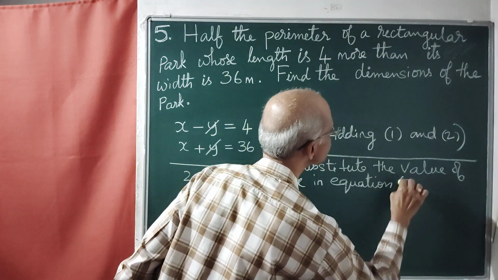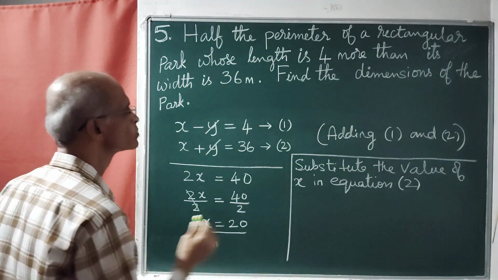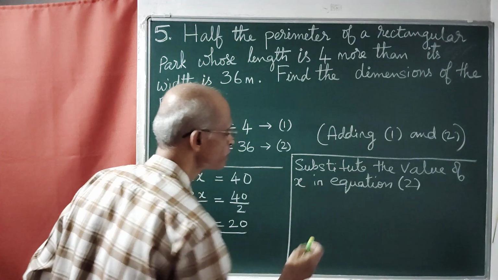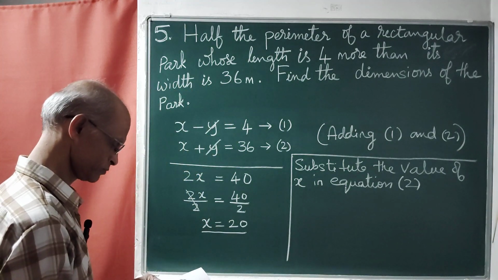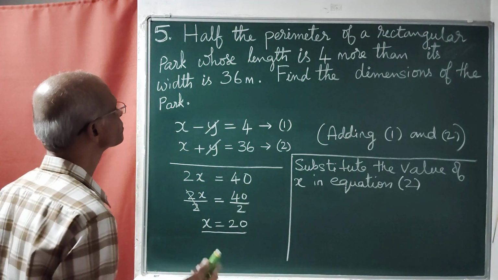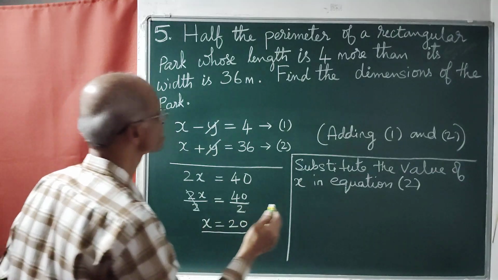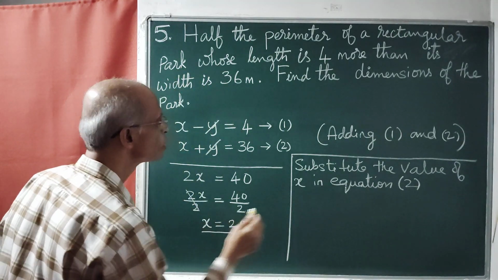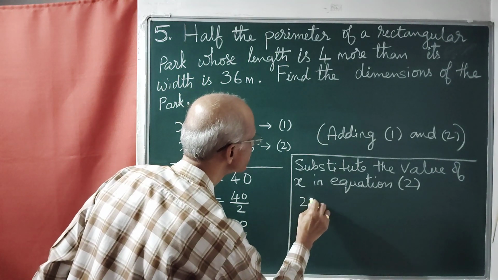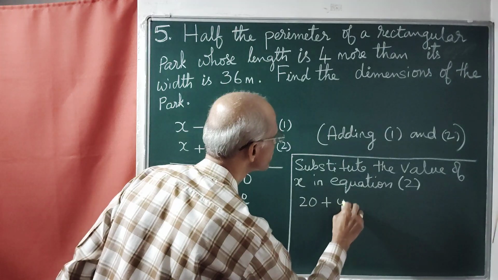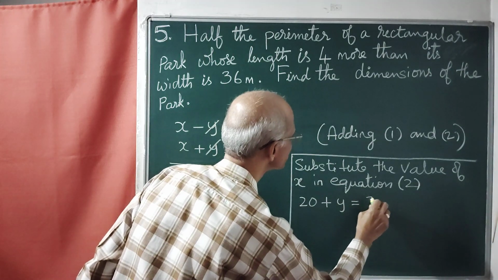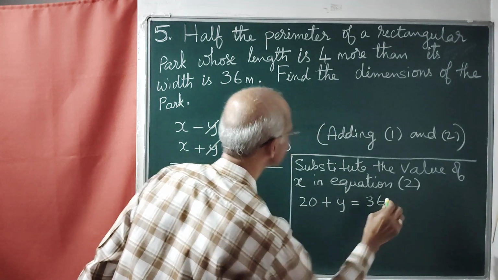So x plus y equal to 36 now. So 20 plus y equal to 36.